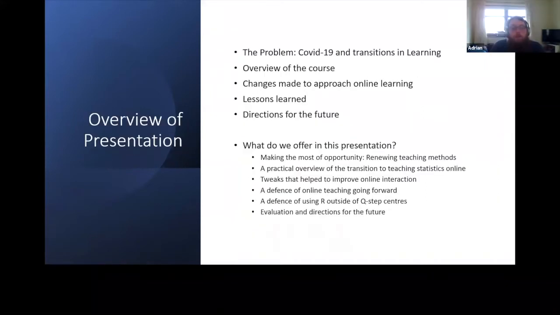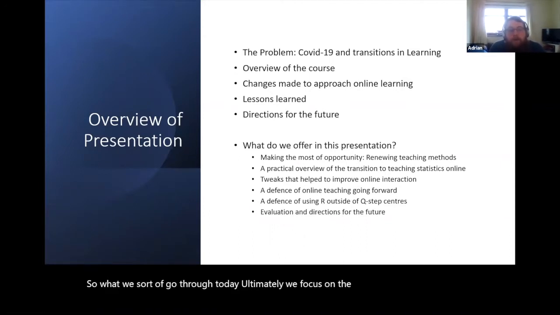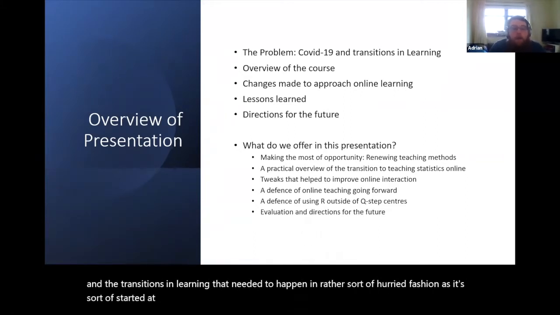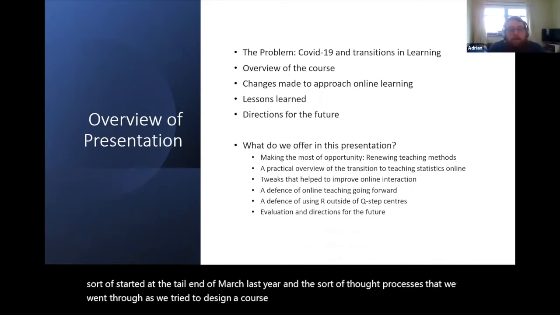So what do we go through today? Well, ultimately, we focus on the problem that was COVID-19 and the transitions in learning that needed to happen in a rather hurried fashion as it started at the tail end of March last year, and the thought processes that we went through as we tried to design a course for blended or perhaps even online only learning throughout the summer.